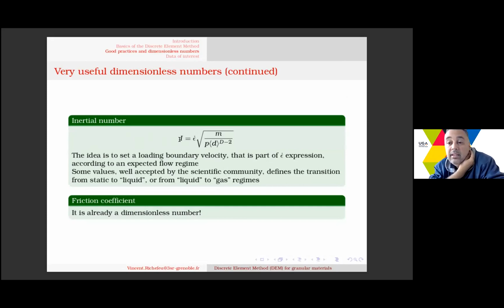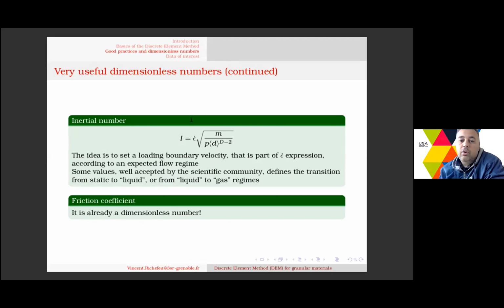Are you in a static regime, a quasi-static regime? Are you flowing like a fluid? Or are you a gas? Okay. If you are performing a quasi-static regime, you have to be careful about the value of I, the inertial number.